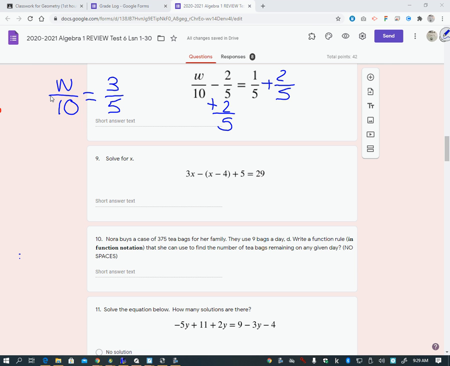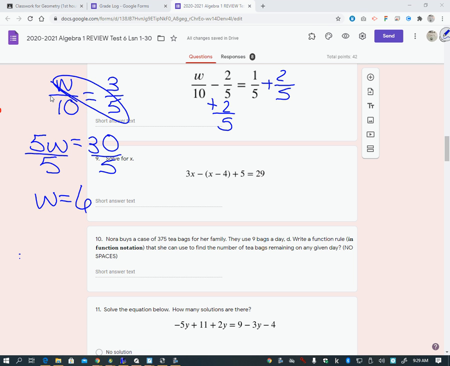I can cross multiply and divide, right? What's W times 5? 5W. What's 3 times 10? 30. Divide by 5. What's 30 divided by 5? 6. Do I still get 6? Yes. Are there more than one way to solve these? Yes.